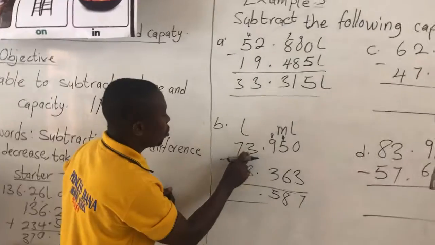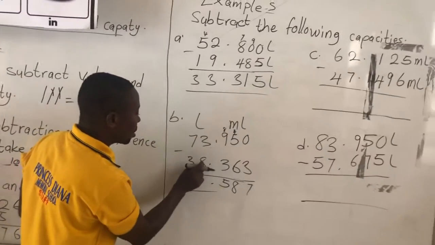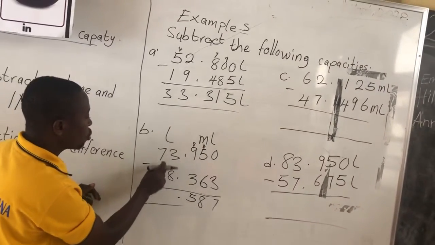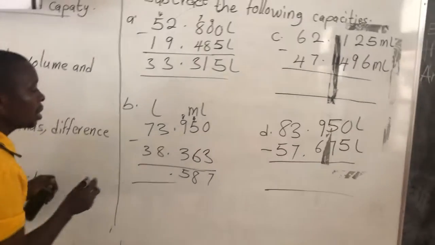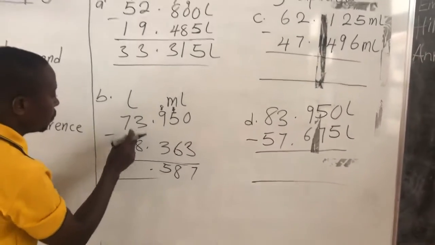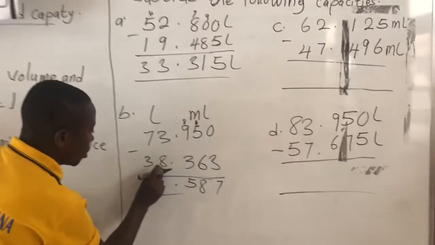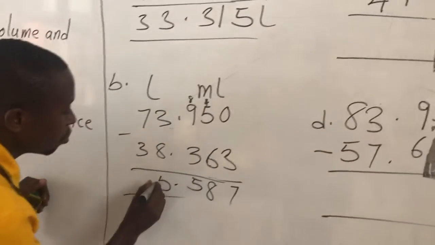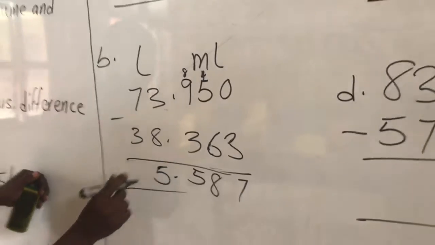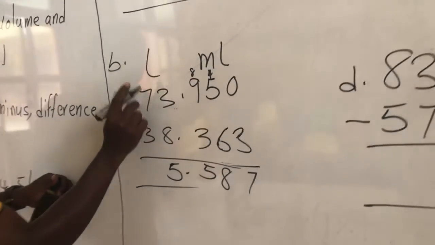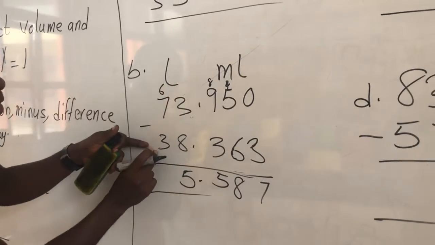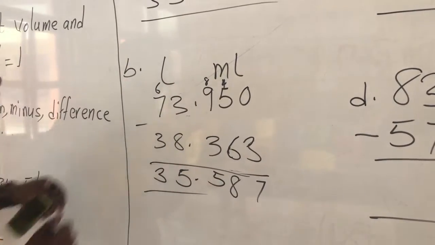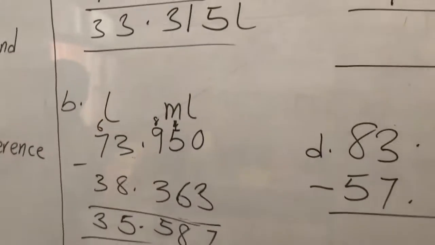We cannot subtract 8 from 3, so we come here to borrow 1 from here, adding to this, making 13. So 13 minus 8 will give us 5. Since we borrowed 1 from here, we are left with 6 here. Then 6 minus 3 will also give us 3. Good.